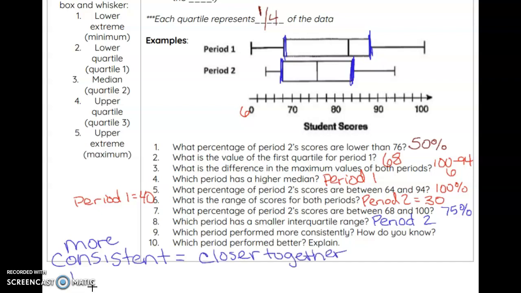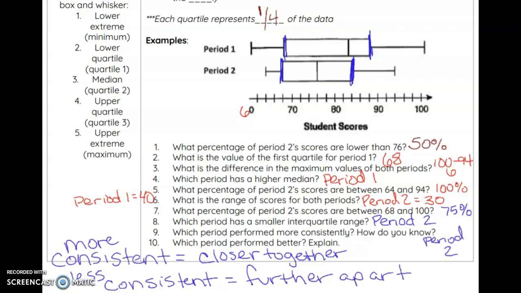If something is less consistent, then it is going to be further apart. So that means that period 2 is going to be more consistent, because if you look at the box and whisker plot, it is closer together, it's tighter together, it's not as spread out. So period 2 would be more consistent.